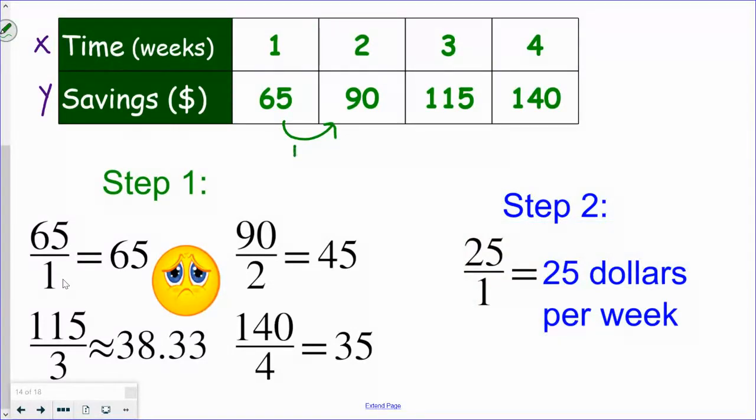Well, I had to add 25. I added 25. So I know it's linear because we have a constant change. And this each time went up 1, up 1, up 1. So that's how we got our 25 over 1.